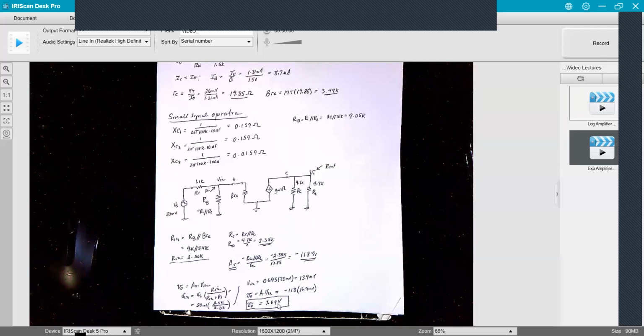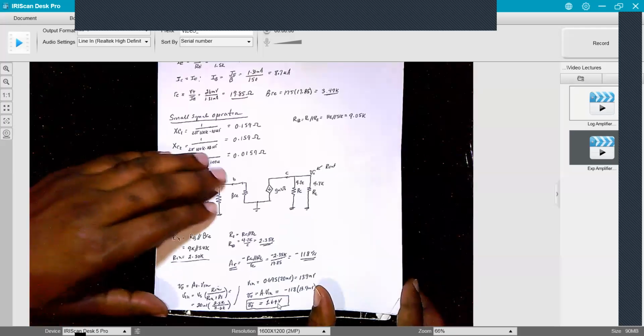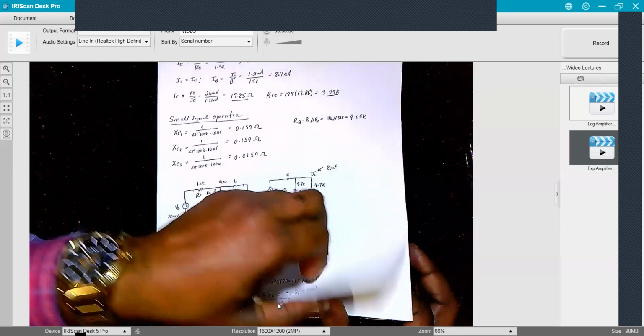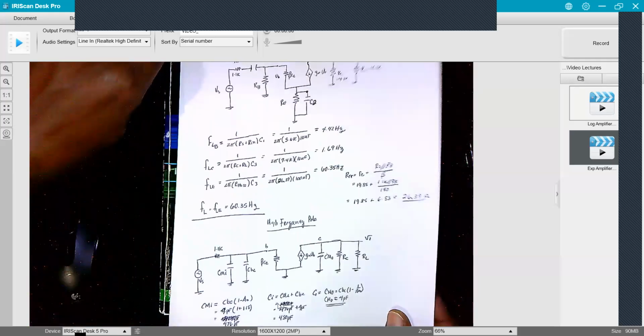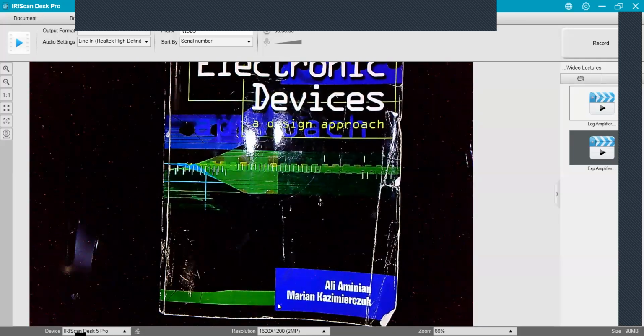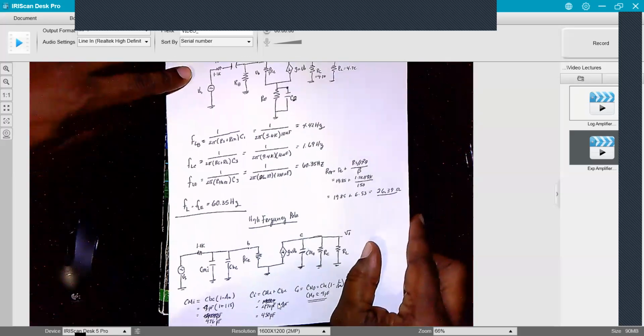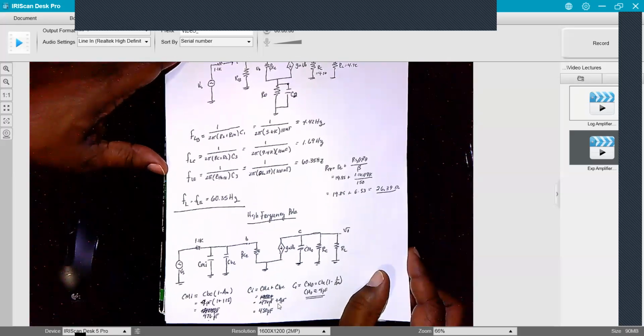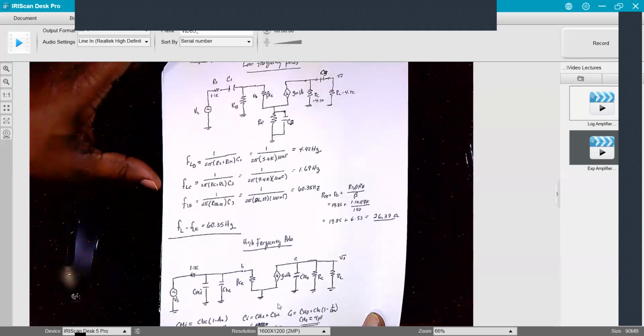So that gets us input impedance, output impedance, and it gives us our gain. Now we look at frequency response.